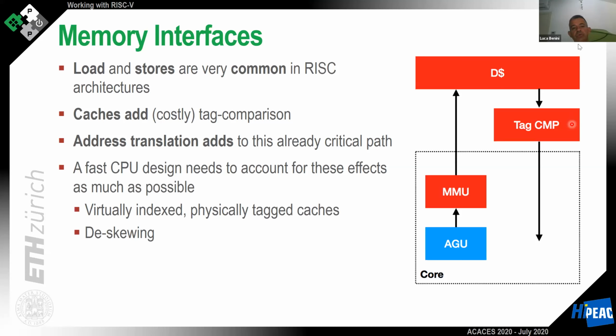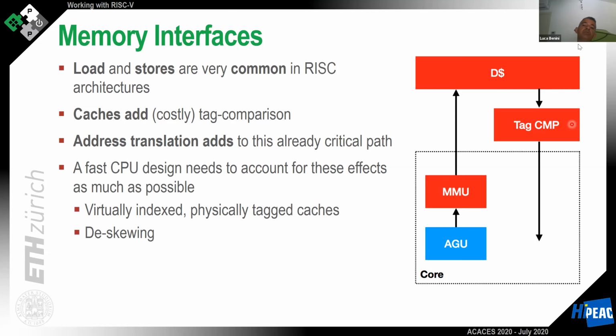So we decided to go for virtually indexed and physically tagged cache for the reason that with the virtual index, we can perform the access in the cache memory, which is the slowest one, before the address translation. And physically tagged, we have faster tags because they are smaller.